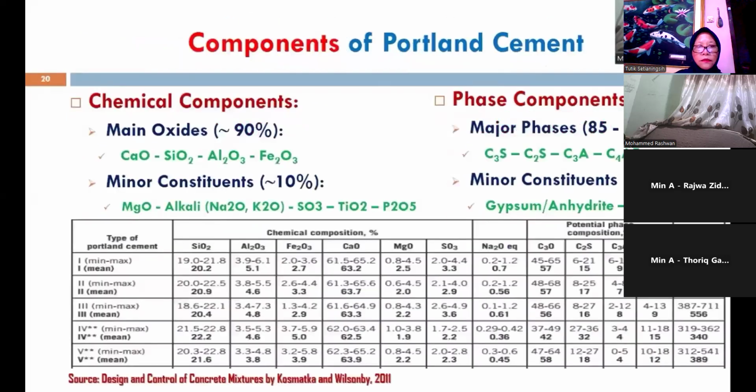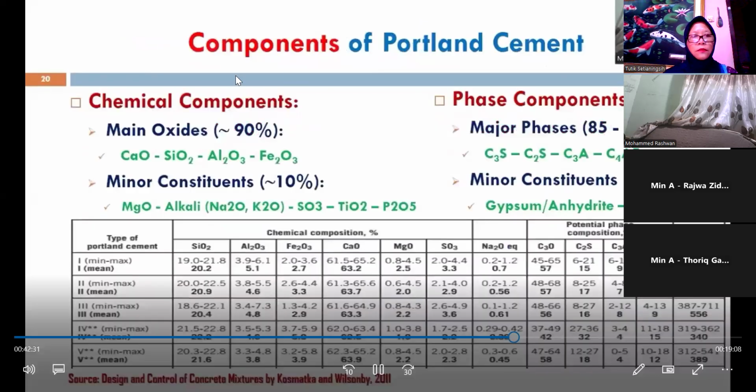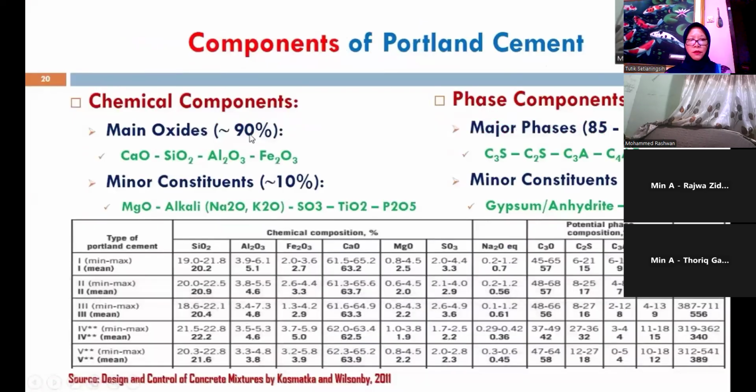The components of Portland cement after manufacturing. Portland cement is composed mainly, chemically, of four main oxides, which form around 90% of the cement.